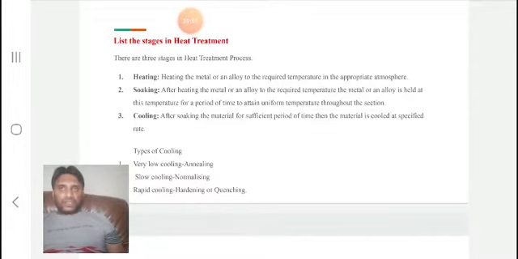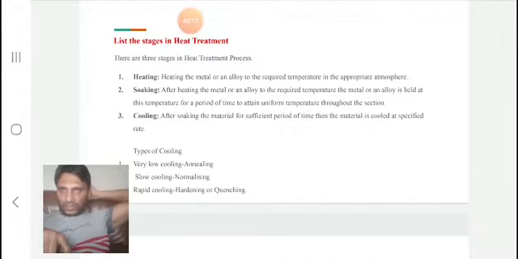In the first stage it is heated in the furnace to the required temperature, in an appropriate atmosphere, whether reducing, oxidizing or neutral, and then soaking at the temperature in the furnace for a sufficiently long period until the entire section gets a uniform temperature, and whatever phase it has gets stabilized.